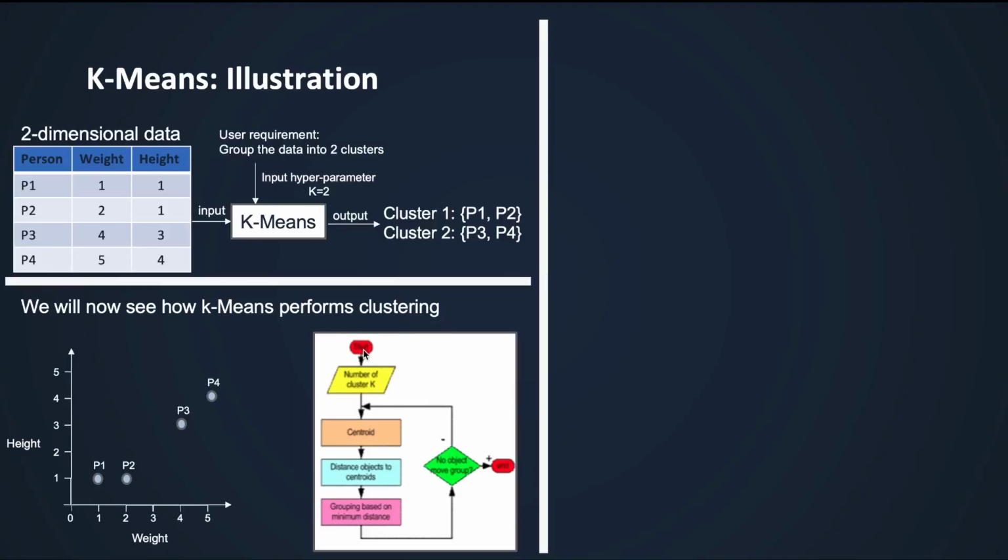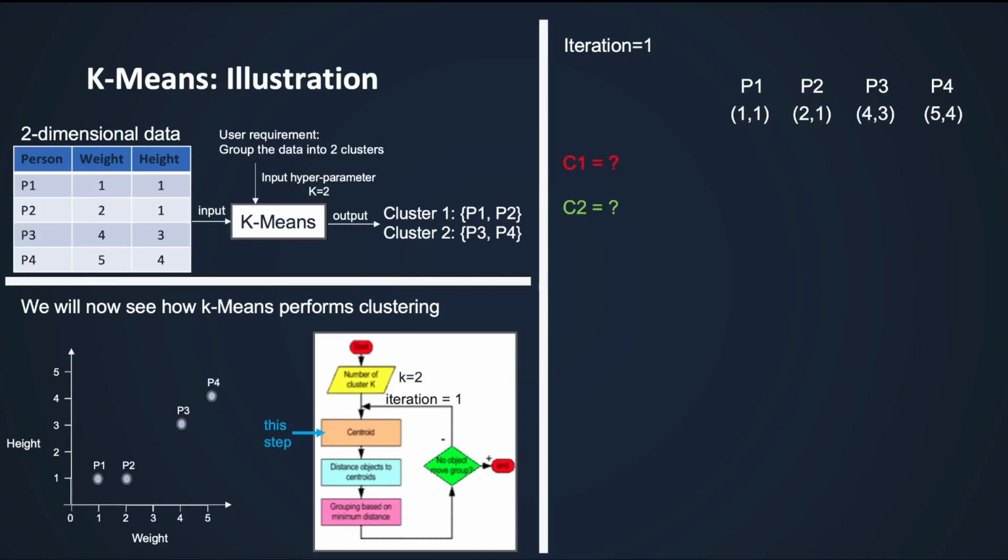We start the k-means algorithm by specifying a k value equal to 2. Next, we come down here and we start the iteration by setting its value equal to 1. In the first iteration, we first take the 4 given persons' data. Next, we start with step 1, that is identifying the centroids.